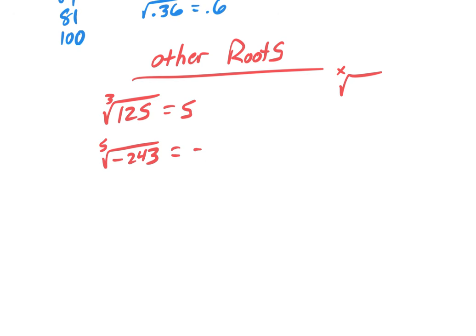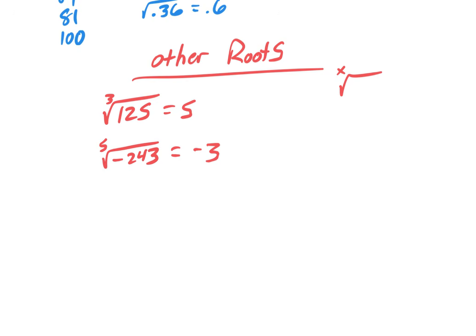Negative 3. So as long as this number here is an odd number, I can take an odd root of a negative number. If this is even and this is negative, then we would say no real root. But if it's an odd root and a negative underneath, we can do it.